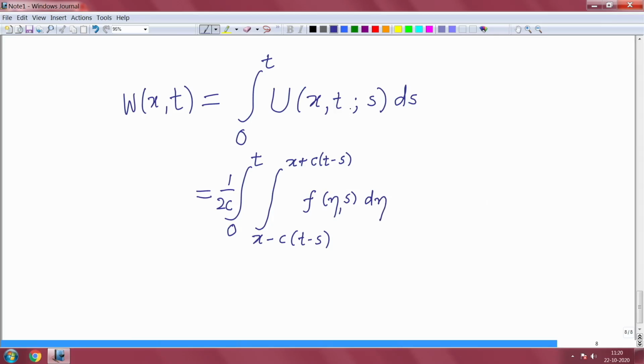So, this is u of x, t, s, and now we are integrating with respect to s. So, it is the double integral, as you can easily verify.